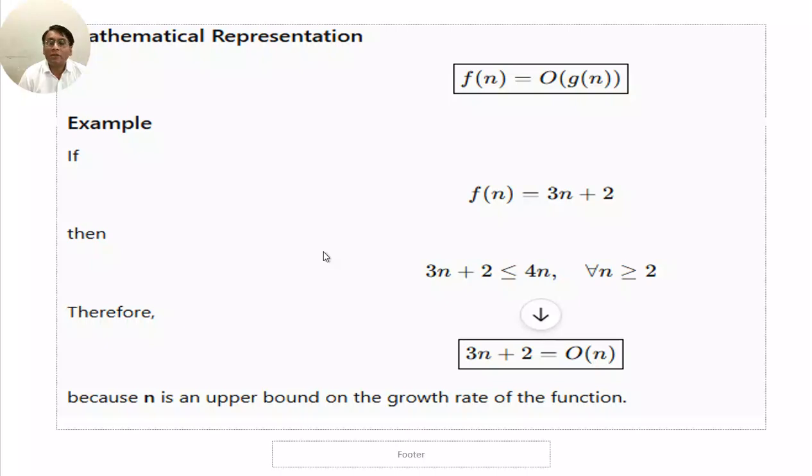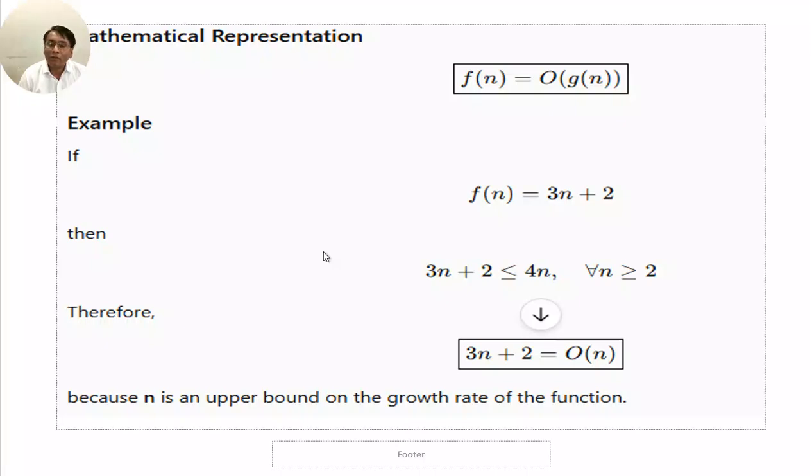This is the first example to find the big O notation. Here we have f(n) equal to 3n plus 2, the polynomial of an algorithm, and we want to calculate the big O of this algorithm. According to the definition, f(n) is less than or equal to c times g(n). In this case, f(n) is 3n plus 2. Suppose we take c times g(n) as 4n.